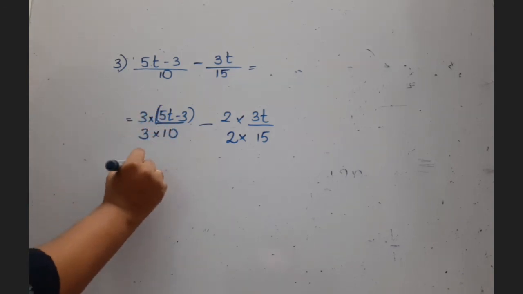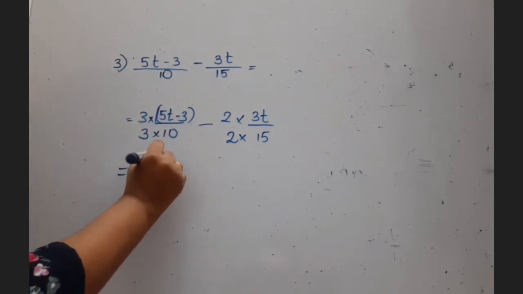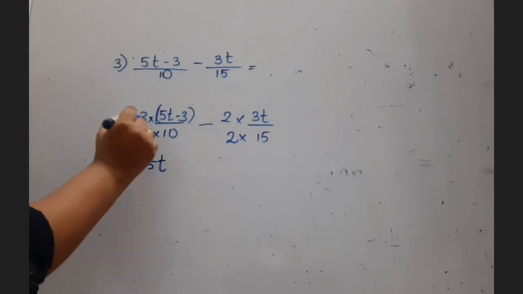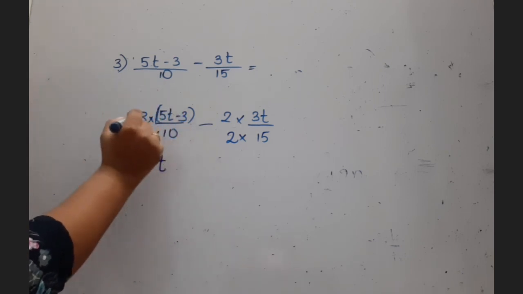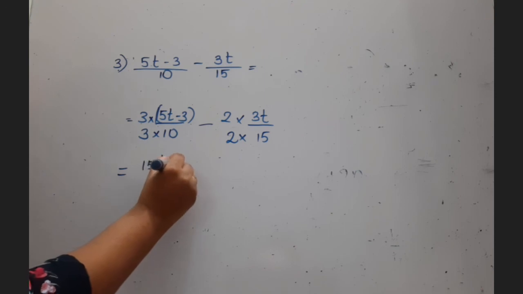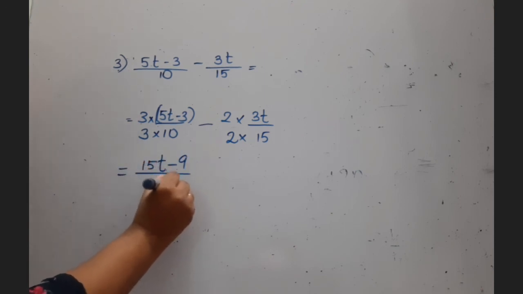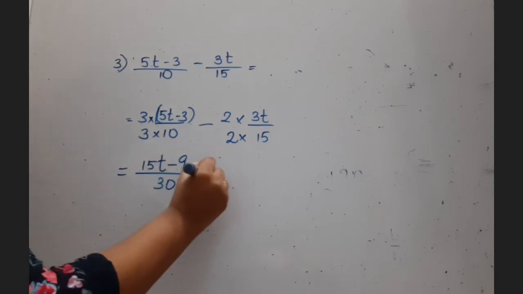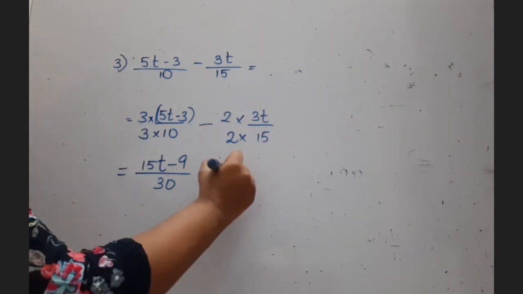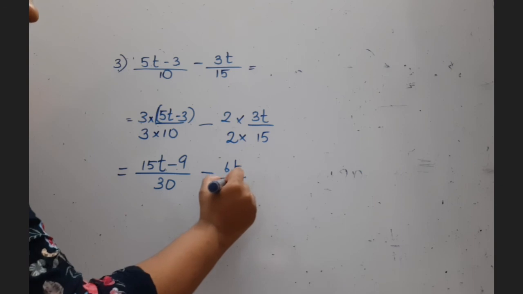3 into 5 becomes 15t. 3 into 3, 9. Positive into negative, negative 9. Below it's 30. Here 2 into 3 is 6, over 30.